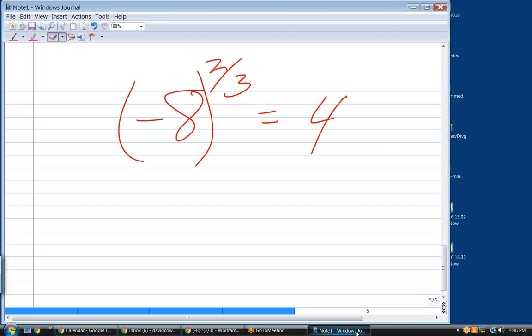This was 6 instead of 8. But same problem. If I make that a 6, I'm not supposed to be able to find that either. And the rules basically are that you do not take negative numbers to fractional exponents. So I don't know how they want you to do 28. Because that's the only way to solve it. And check for extraneous solutions.